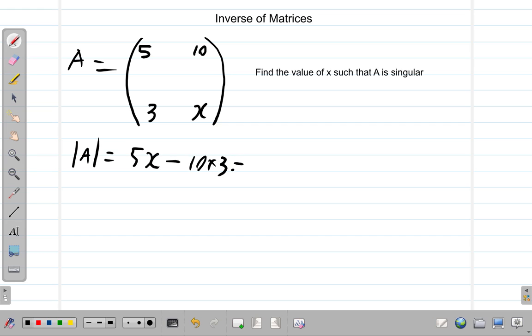And the determinant will be equal to, remember the determinant of a singular matrix is 0. So what you have now is 5x minus 30 equals 0. Then you need to add 30 to both sides. You want to get rid of the 30 and get rid of the 5.